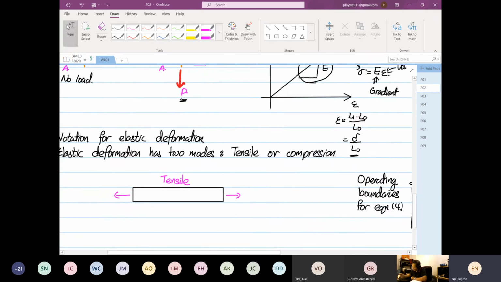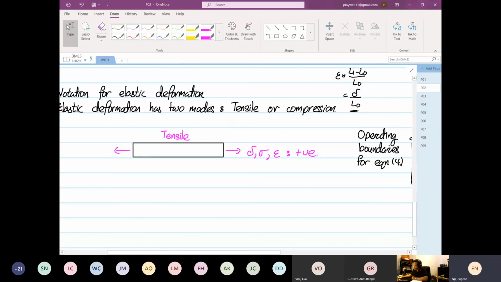So when it's tensile, your deflection, your stresses, your strain, they are all positive.